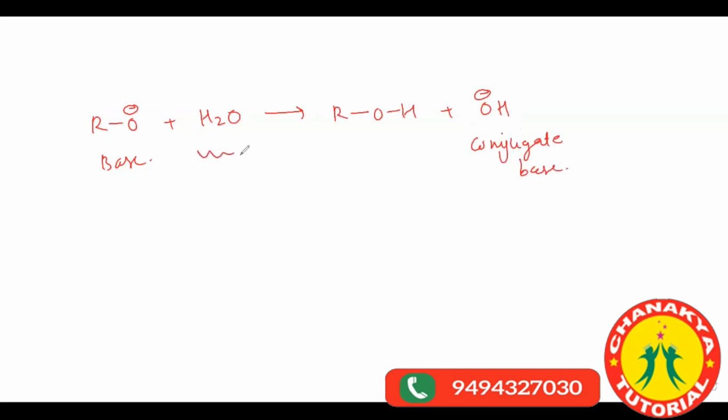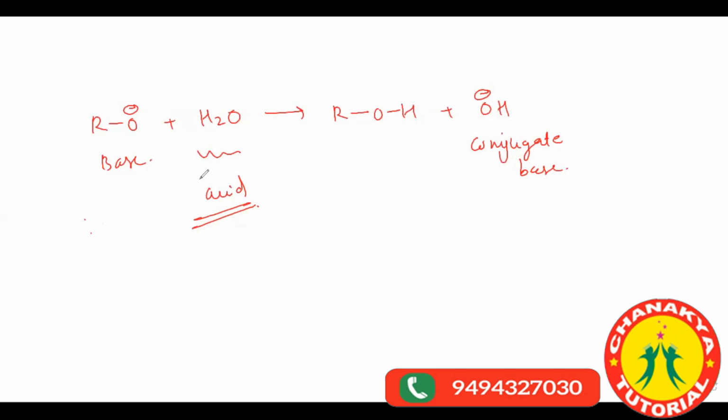It will be the conjugate base of the acid. Meaning water acts as an acid in this reaction, and OH minus is the conjugate base of that acid. And hence what I said, alcohols are weaker acids than water. And that we can prove by reacting the metal alkoxide with water. Clear? Fine?